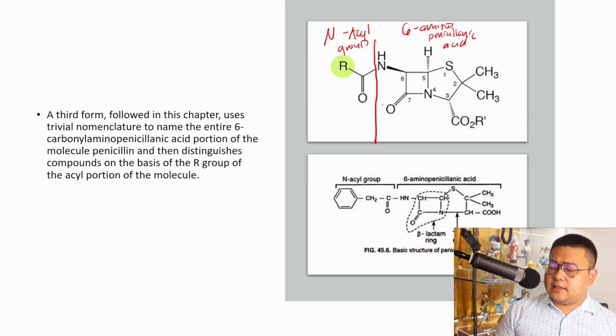Most of the time, there won't be any changes in the 6-aminopenicillinic acid group. There won't be any significant changes. However, most of the changes do occur in the N-acyl group, in particular to what is attached here after our acyl group.